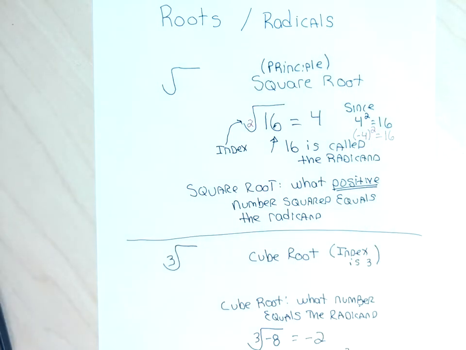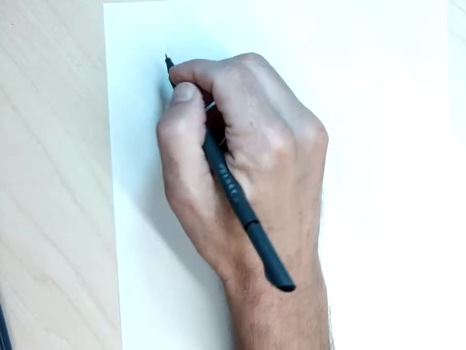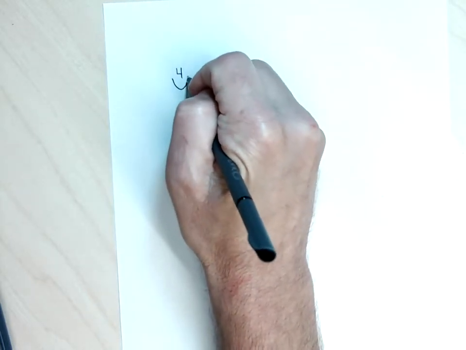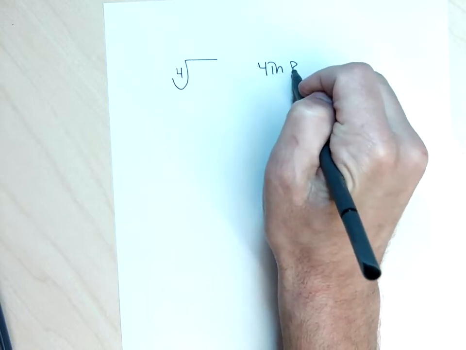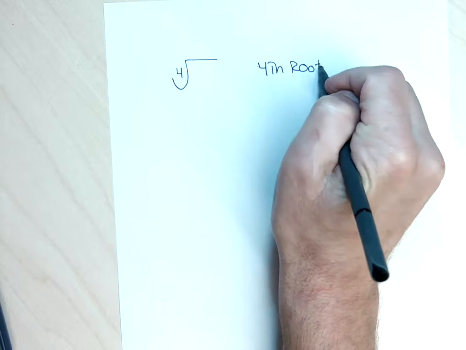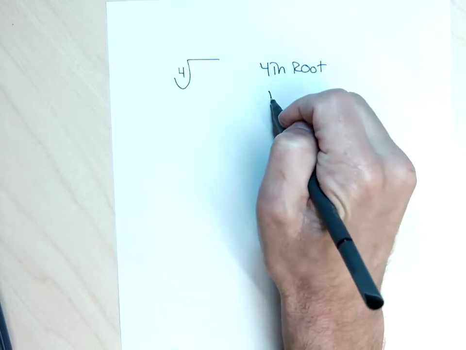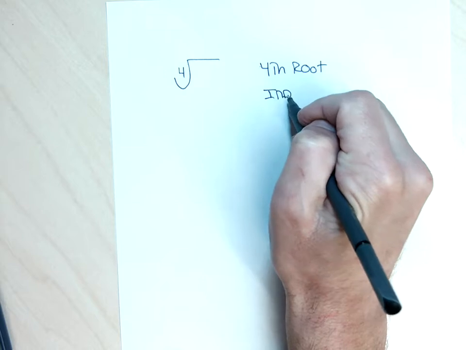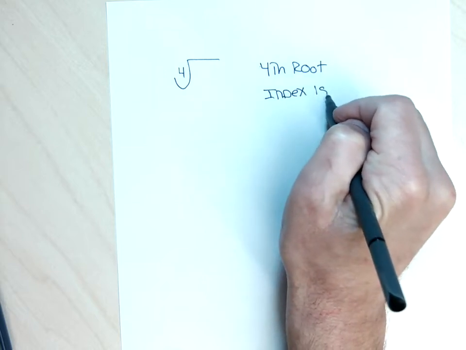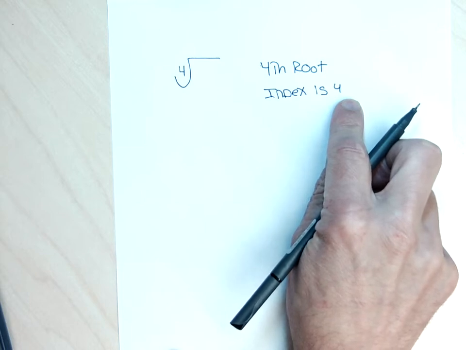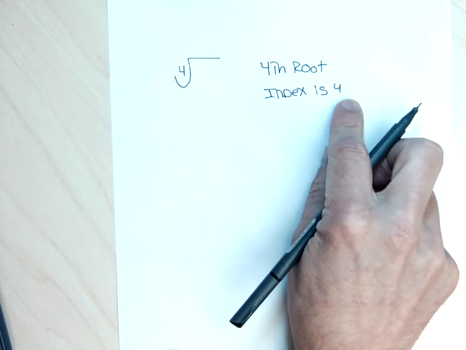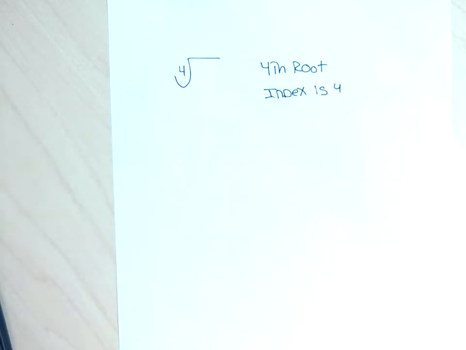We're going to do 4th roots, 5th roots, 6th roots, and all the roots more or less work the same. If I wrote this symbol, I would say this is a 4th root. The index is 4 for this. When the index is even, it requires a positive answer, as opposed to if an index is odd, it can accept negative answers.